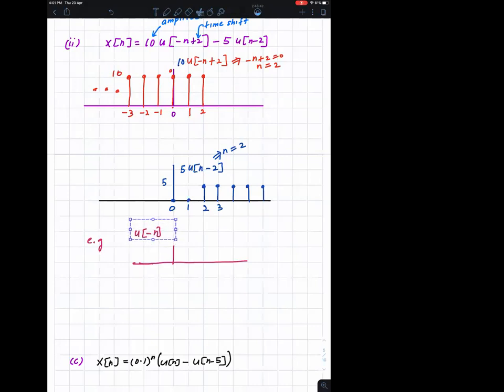This signal has amplitude 1, so it is going to go in the negative direction: -1, -2, -3, and so on.